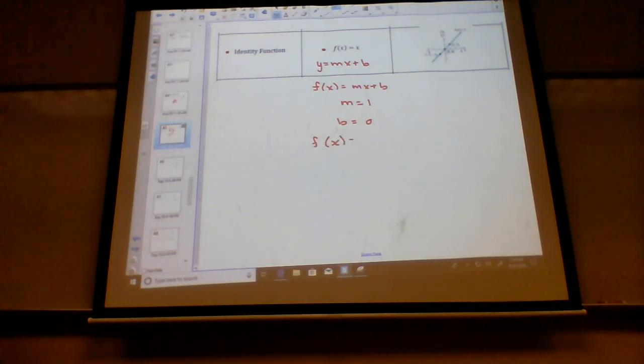That's where we get f of x equals x. So it's just this line right here. You've got the points -1, -1, 0, 0, and 1, 1. Now I know that may be difficult to see on the video, but it's all on your paper, all typed out for you.